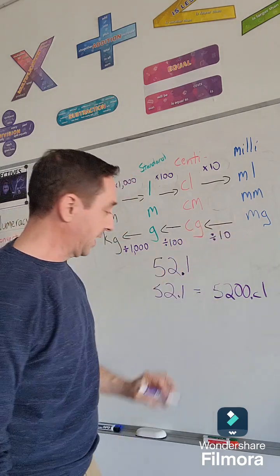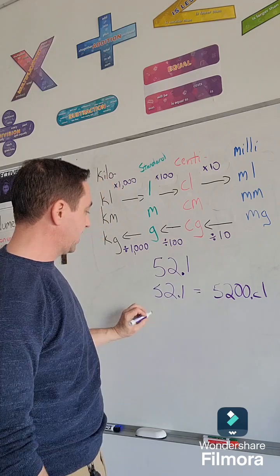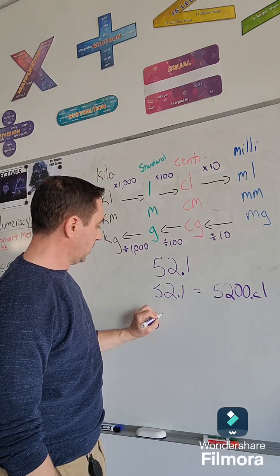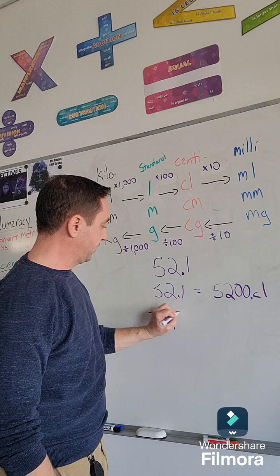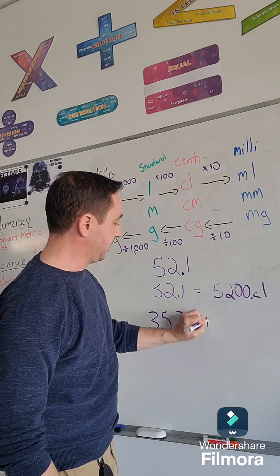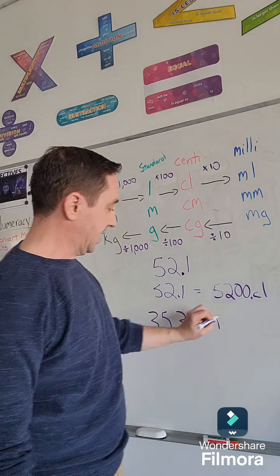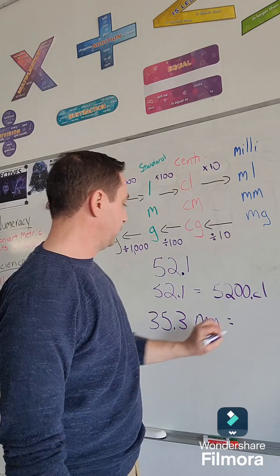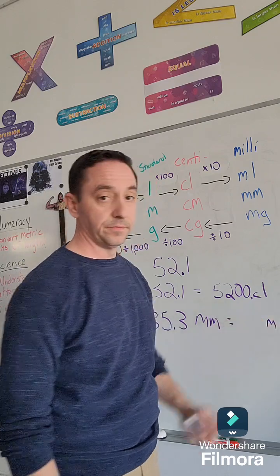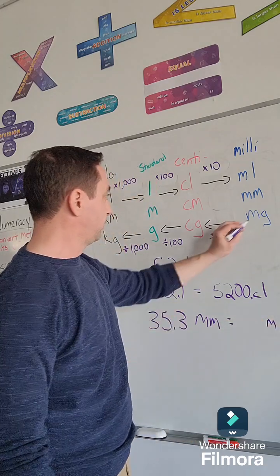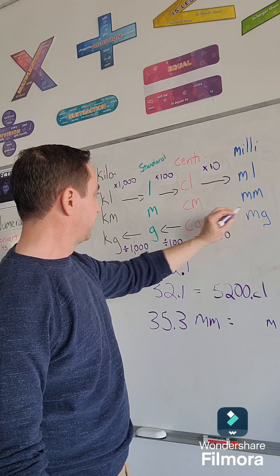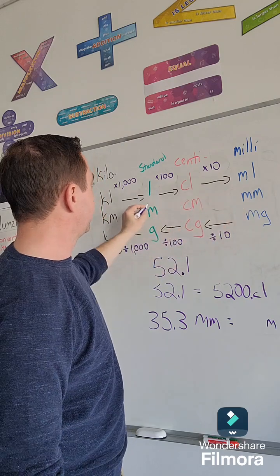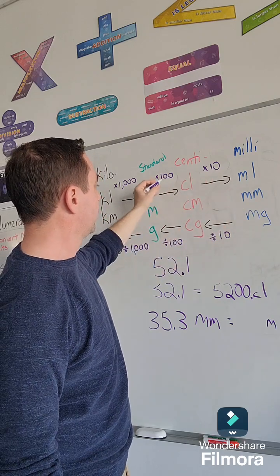The same thing works if I'm going backwards. Let's say, for example, I have 35 3/10 millimeters, and I want to go to meters. Well, I'm going to go from millimeters to meters. If I'm going to go over this far, there's 1, 2, 3 zeros.